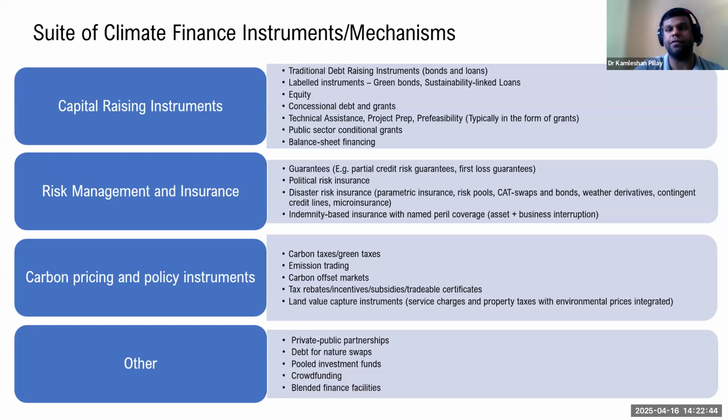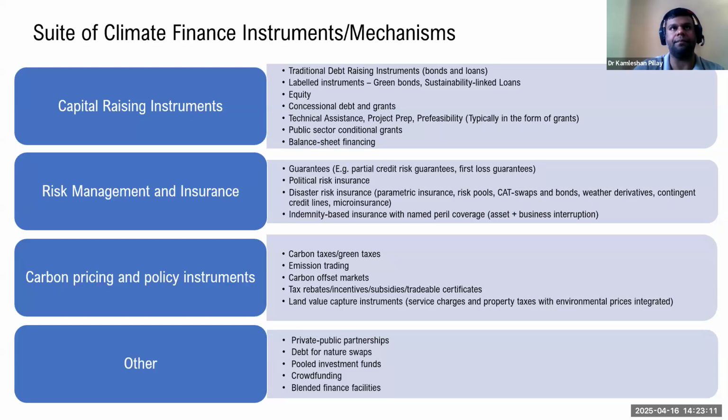If you think about, for example, the solar incentives that were part of the South African government's budget, I think 2 years ago, maybe applied last year. That could be an example of a tax incentive. You also have land value capture, so maybe where service charges have linkages to environmental benefits.